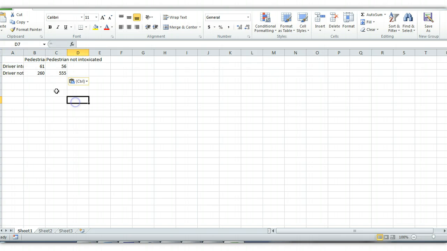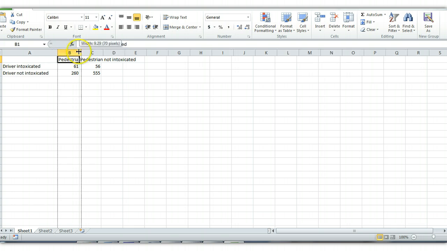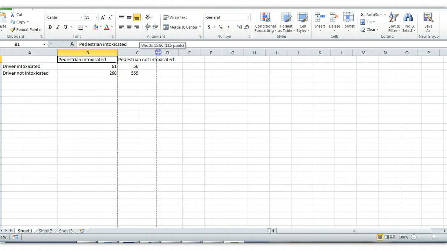So this is basically the way the table looks in Excel.